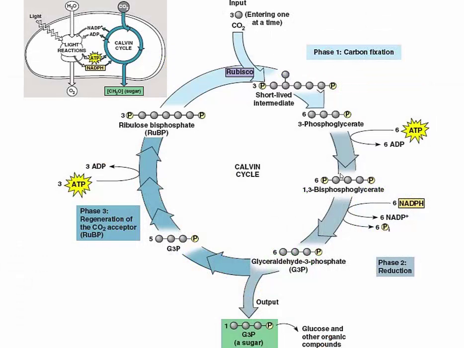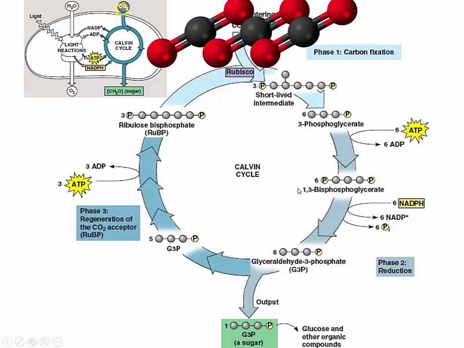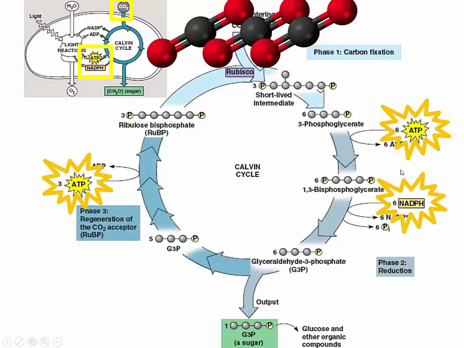So here's the process. If you were taking AP biology, you'd have to know each component of this, but none of that's actually important. What is important is what's coming in and what's coming out. So CO2 is coming in, and you also have these energy molecules. If you remember, we were looking at those weird laser beams.